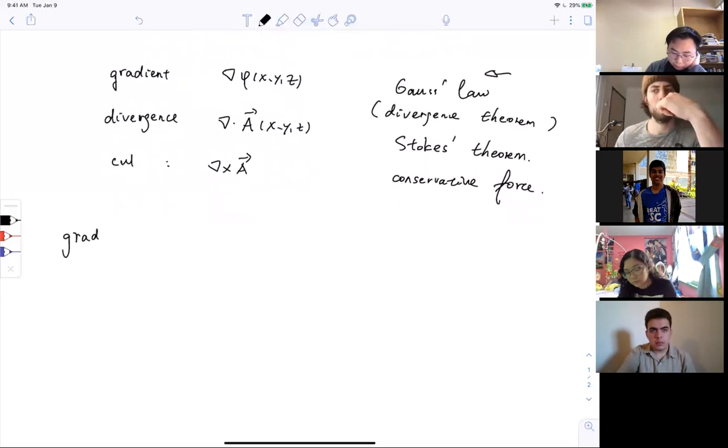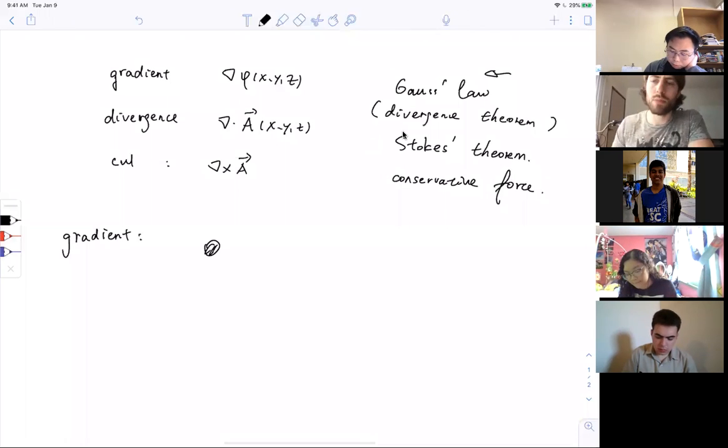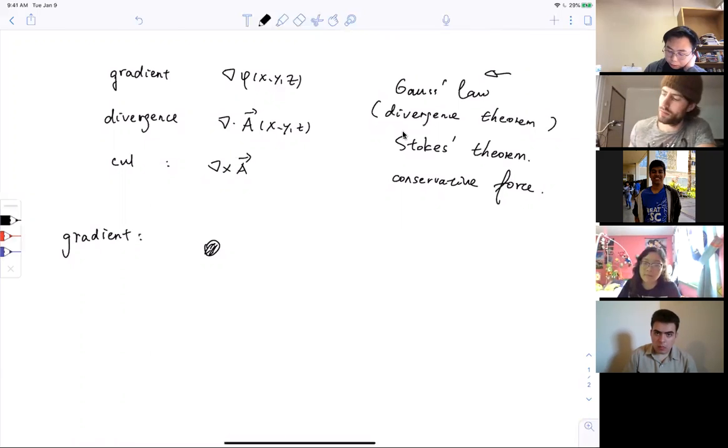Okay, let's talk about the gradient. First, we need to know how to do the operation, how to compute the gradient. In Cartesian coordinates, it's quite easy.